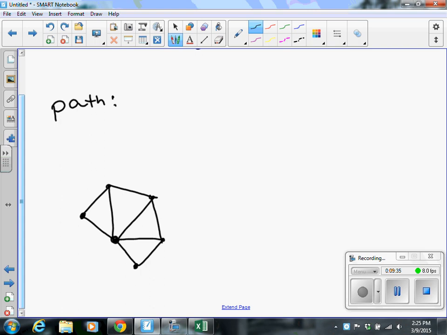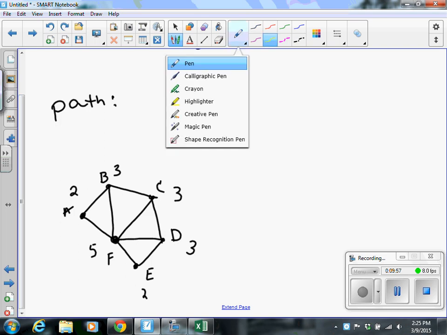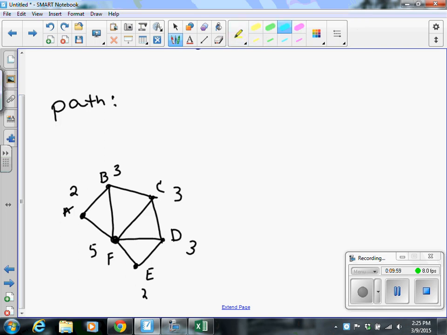All right, looking at this, I've got 2, 3, 3, 3, 2, 5. Okay, so it might be a path, it might not be. All right, let's start at B. I go to B to A to F, back there.